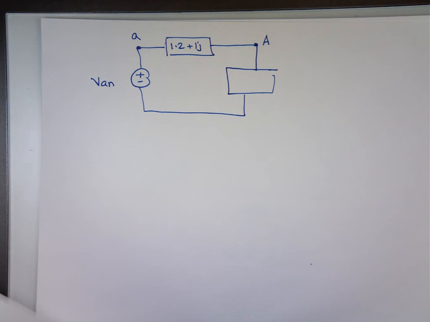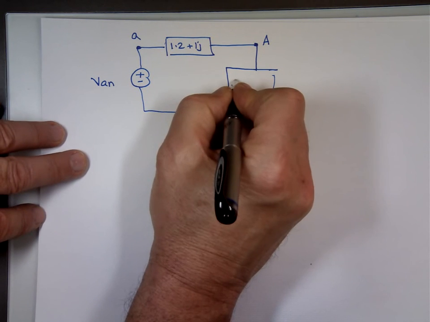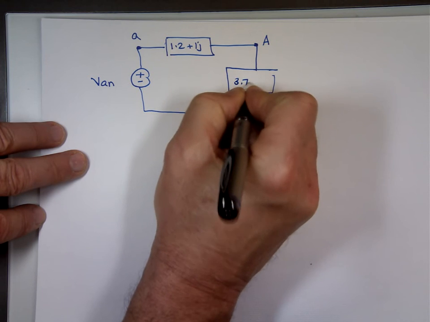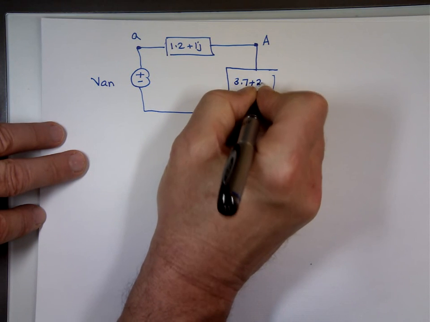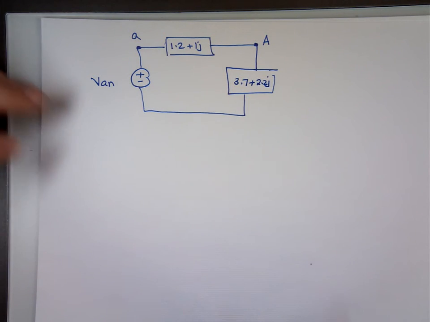I got 3.7 plus 2.2j. Luke said he got 3.7 plus 2.2j. Is that good? Product over the sum? Yeah, I got the same. Same thing, good.